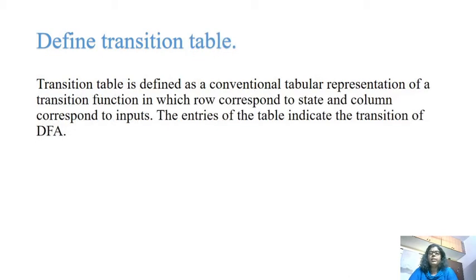The transition table is defined as a conventional tabular representation of a transition function in which rows correspond to states and columns correspond to inputs. In this table, the state specified with the arrow mark is called the start state, and a state specified with a star means it is a final state in the transition table.